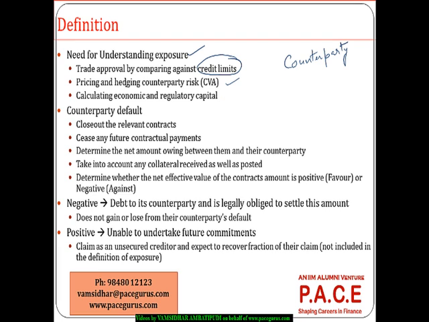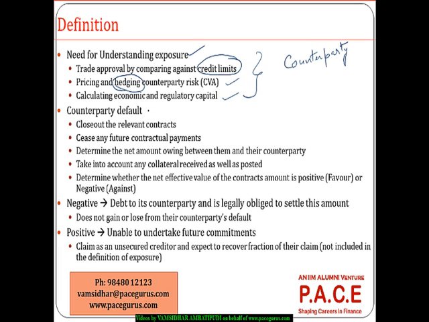And even if I have to hedge it, unless I know the price of it, I can't do the hedging. Similarly, from a regulatory perspective also, for calculating the regulatory capital or even the economic capital, we require a good understanding of the word exposure, and we need a proper computation of exposure.